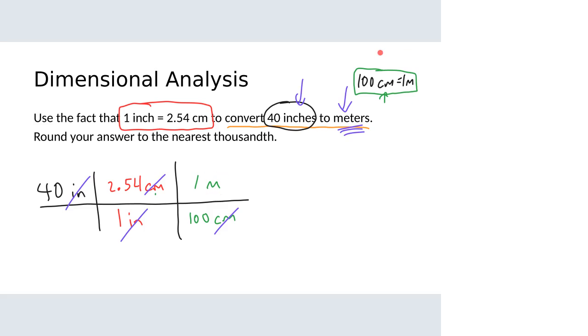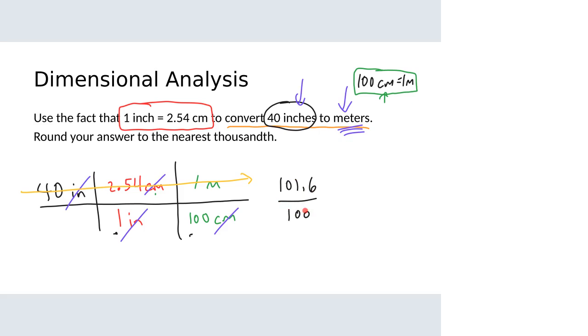Now what I need to do is multiply everything on top. That's 40 times 2.54, which is 101.6. And on the bottom, I have 1 times 100, or 100.